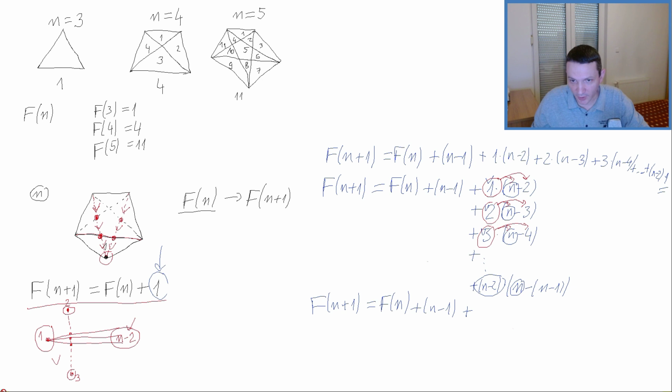So I will actually multiply 1 plus 2 plus 3 plus and so on until n minus 2, all this times n. This is this n here.